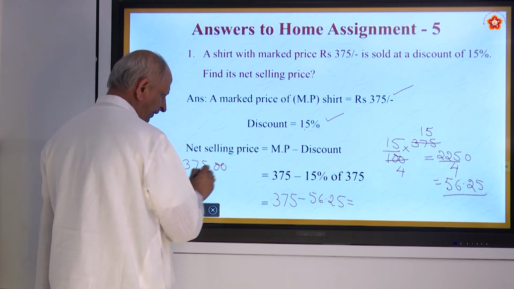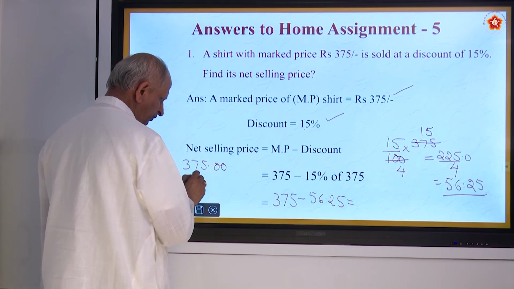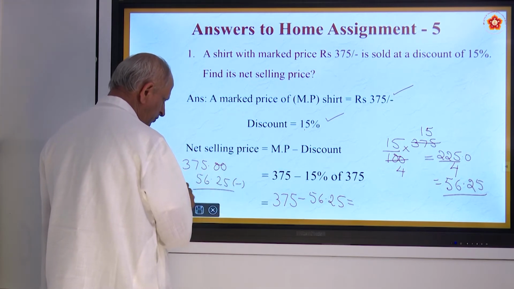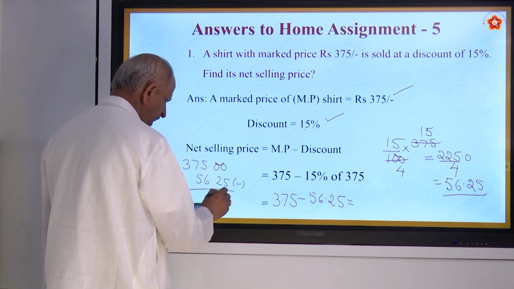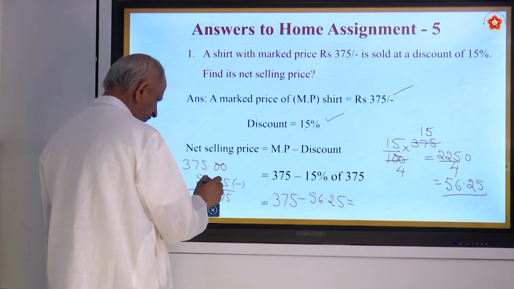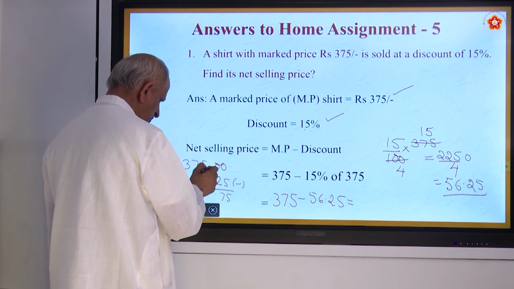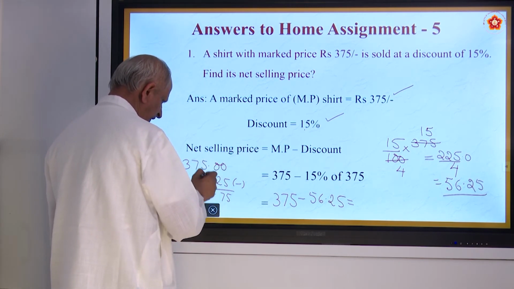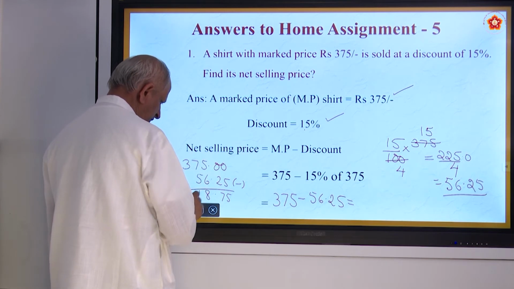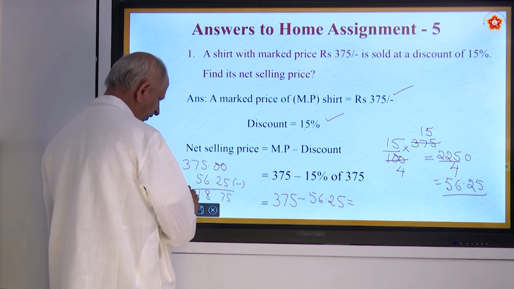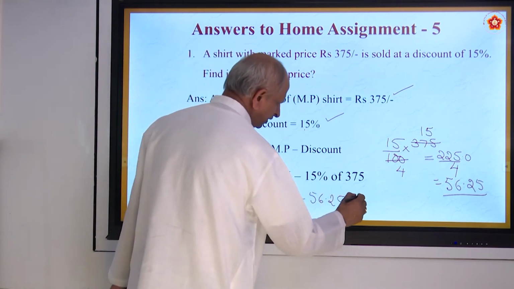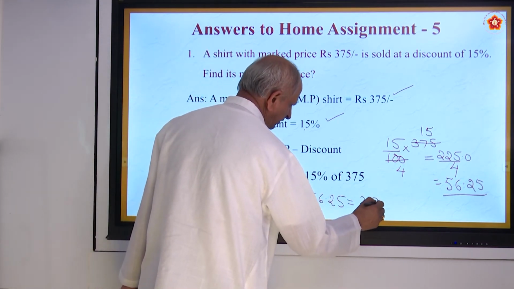There are two decimal places, put two zeros, and that will be equal to 75. Then 14 minus 6 is 8, 18.75. So 318.75 is the selling price.